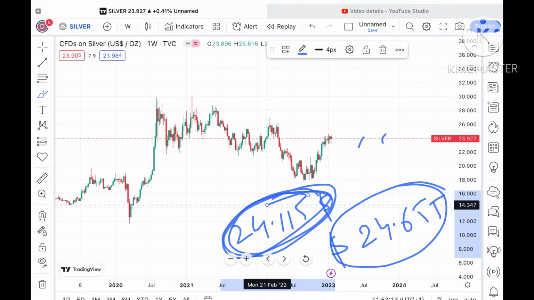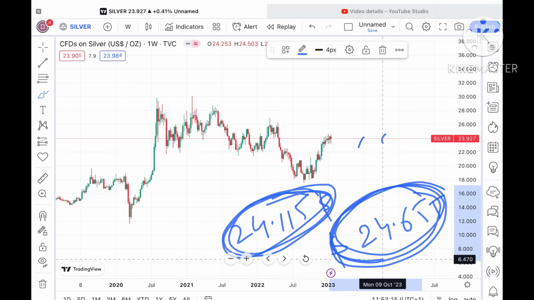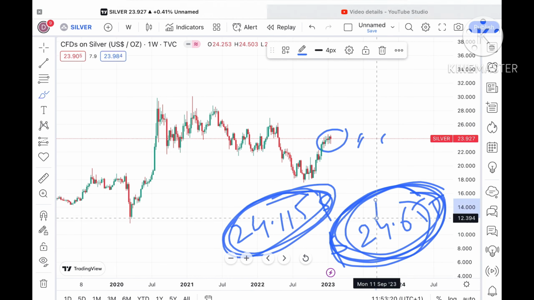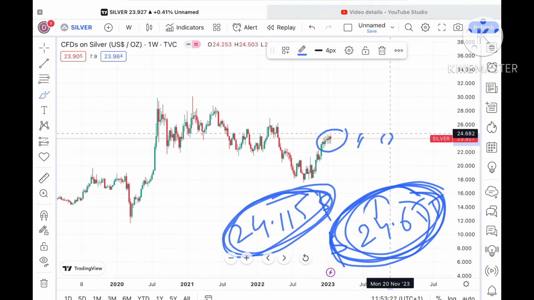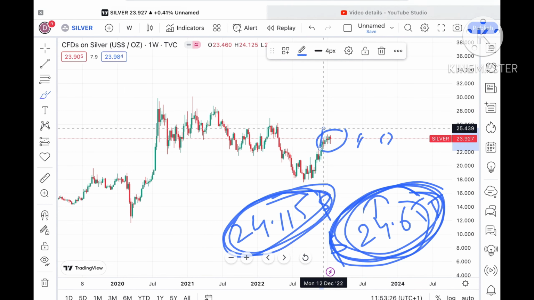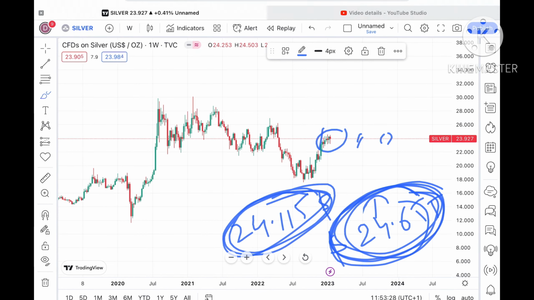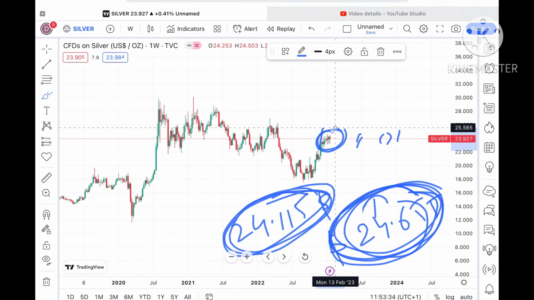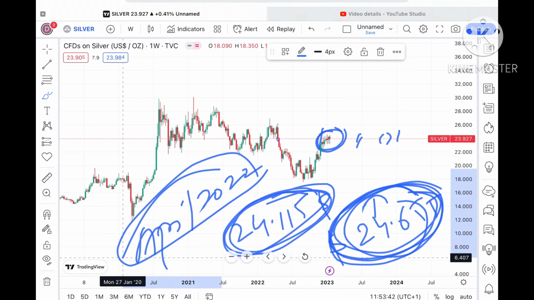Once it sustains above this level, there is a probability it can touch this level because this is the zone high. Once it sustains above it, chances are very high it can go towards around $24.8, and from there touch a level of around $25.313. Keep that in mind, because we have not seen this level since April of 2022.